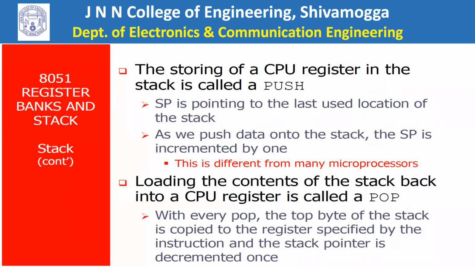In many microprocessors, normally the stack pointer is decremented whenever you push. The stack would be pointing to the maximum location, and as you push the data, it would be decremented. That is one more difference between the major microprocessors and the 8051 microcontroller.